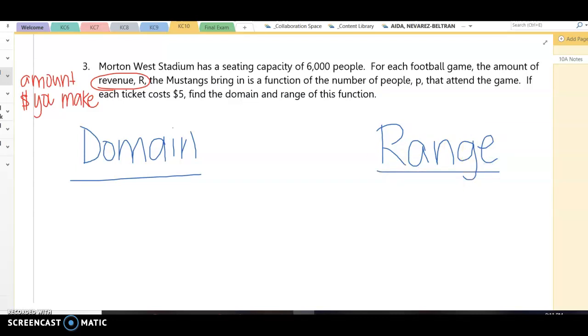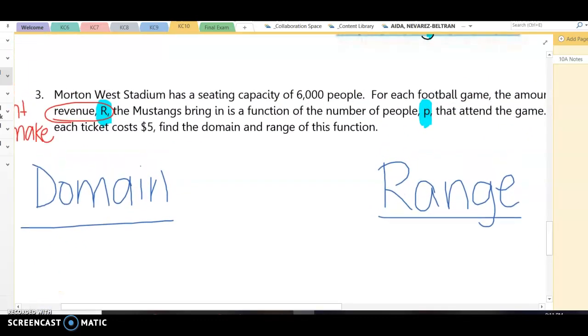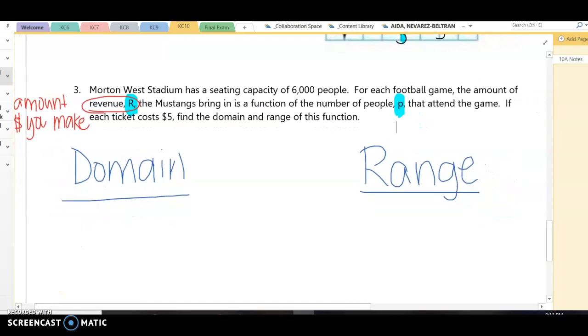So it gave us two variables, R and P. We have to figure out between R and P which is the domain and which is the range. So you have to figure out in this situation, does the number of people depend on how much money you make, or does how much money you make depend on how many people there are?